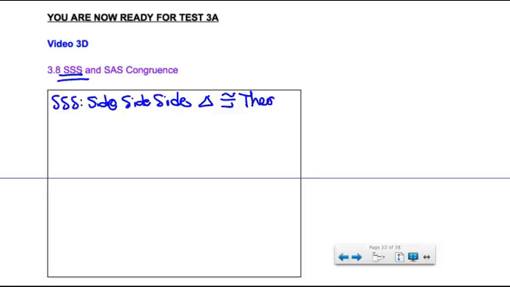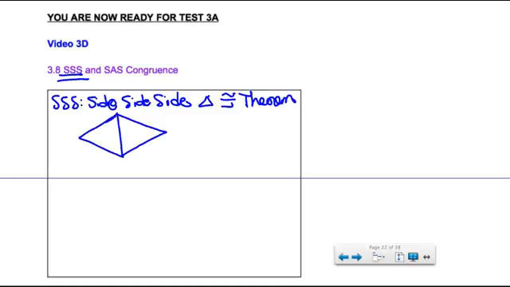What it says is if you can get all 3 pairs of corresponding sides congruent, the angles will get locked in for free. So perhaps you have a picture like this and you have another triangle. Mine don't look quite good, so I'm going to fix mine a little bit so they at least look congruent.